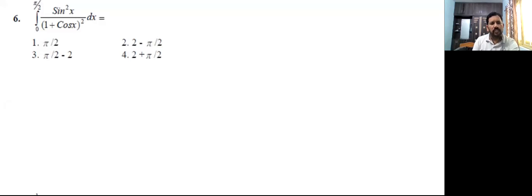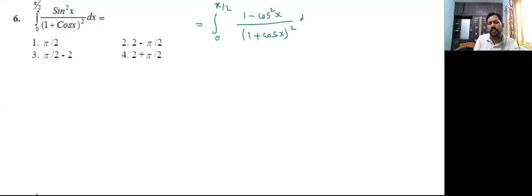Students, see the next question. Integration 0 to pi by 2, sine square x divided by 1 plus cos x whole square dx. How to do this? Sine square x means we can write 1 minus cos square x, and the denominator is 1 plus cos x whole square.